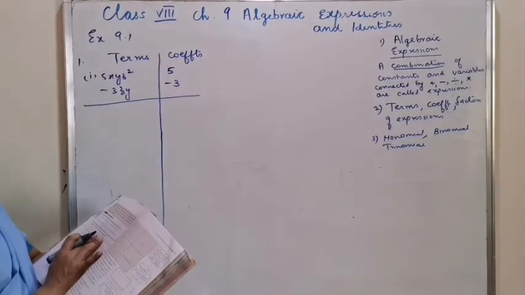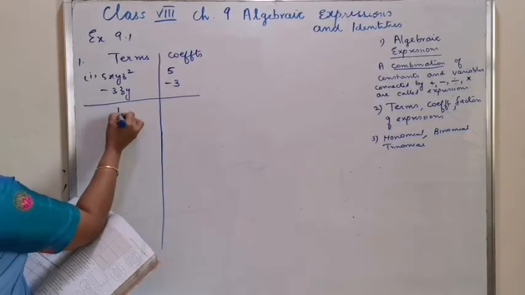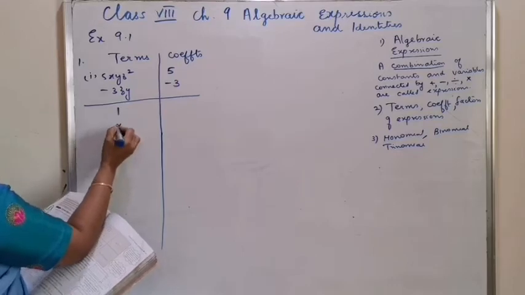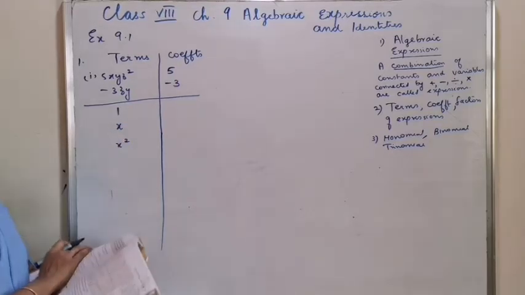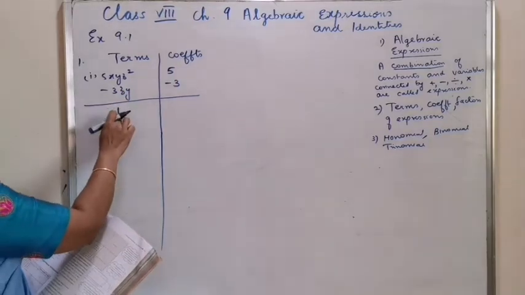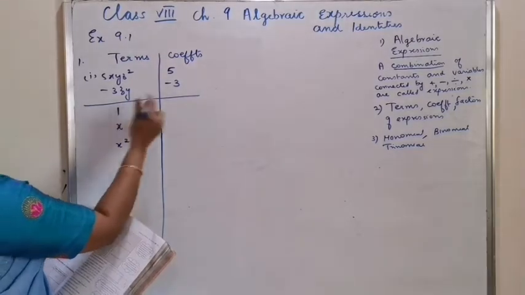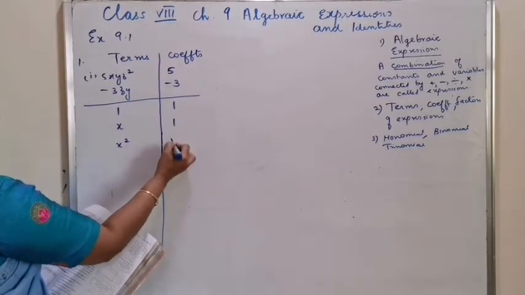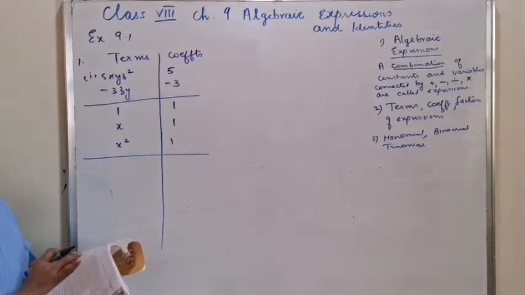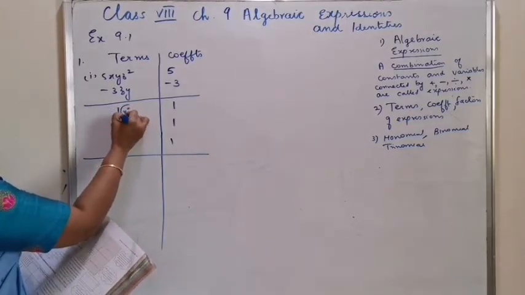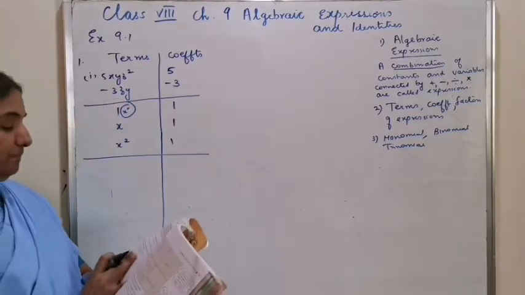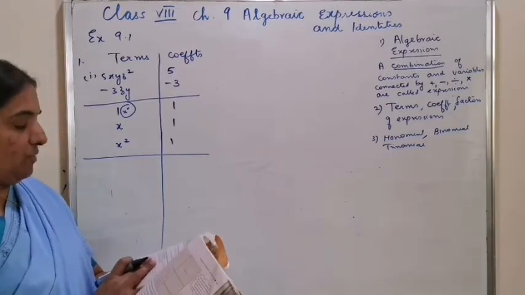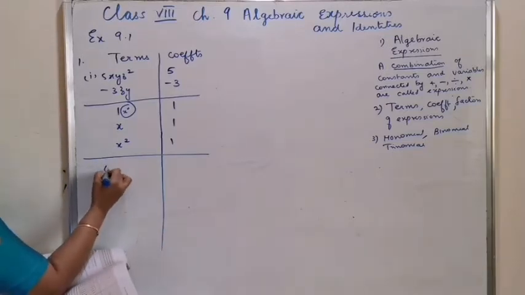Question number 2, it is 1, then x and x square. Here the term is 1. The coefficient is also 1. Here also the coefficient is 1. Here actually the power is x to the power of 0. Then 4x square y square.